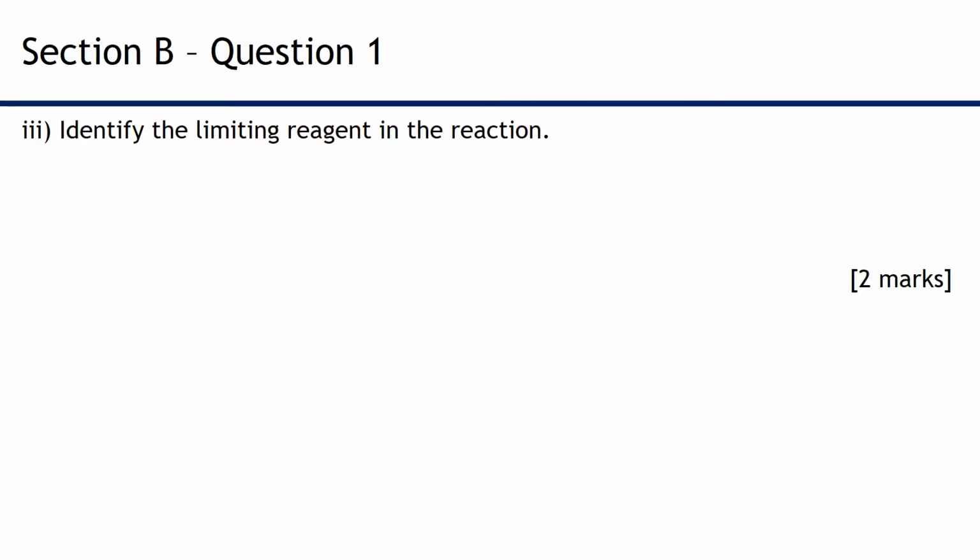In part III, you're asked to identify the limiting reagent in the reaction. So you need to work out which of your two reacting species has the lowest number of moles. First of all, you want to work out how much of the copper cations were present. You already know this, it's the same as the number of moles of copper sulfate from part 1, which is 0.010 moles.